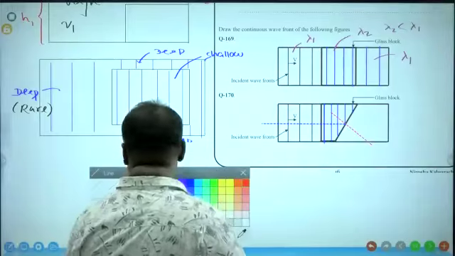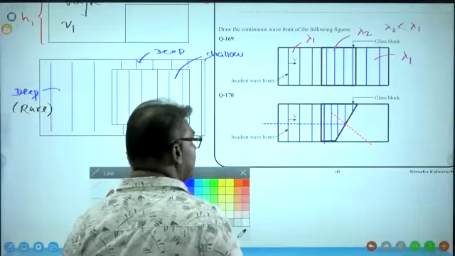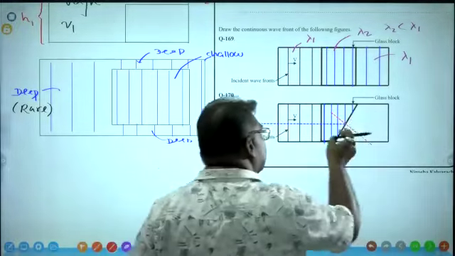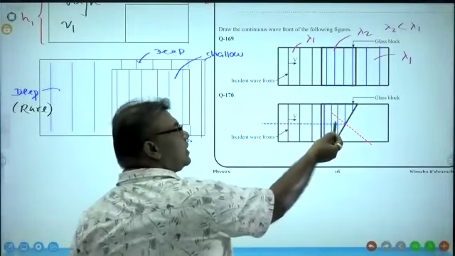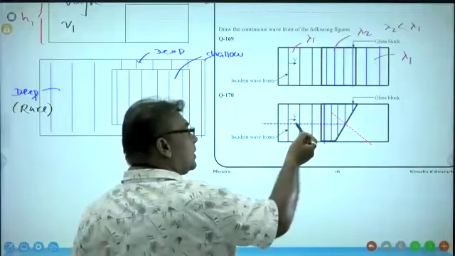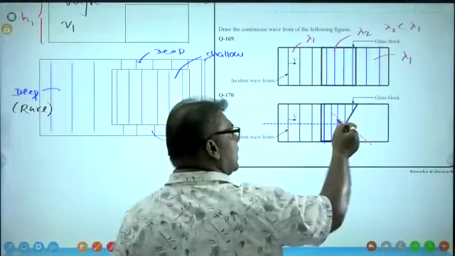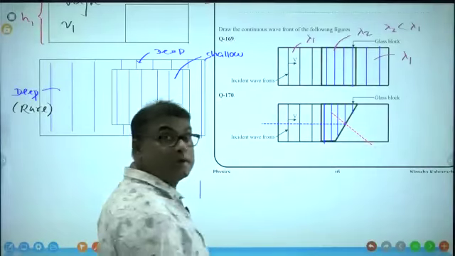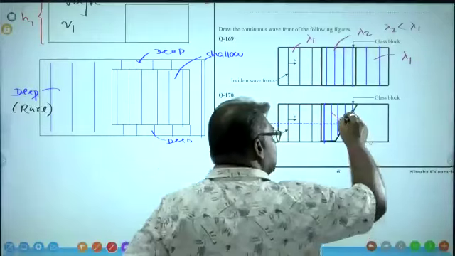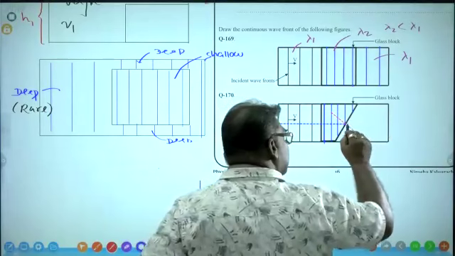And then here we have denser medium. This one rarer medium, this one denser, and it goes again to rarer medium. No? Yes. Rarer medium, then the transverse wave should be bent.